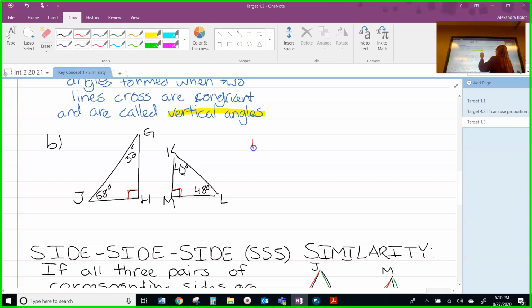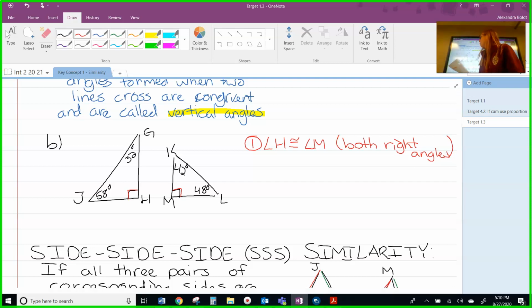So those are congruent. Okay? And that's because they're right angles. So angle H is congruent to angle M because they're both right angles.